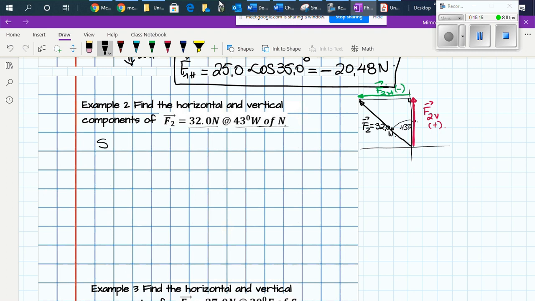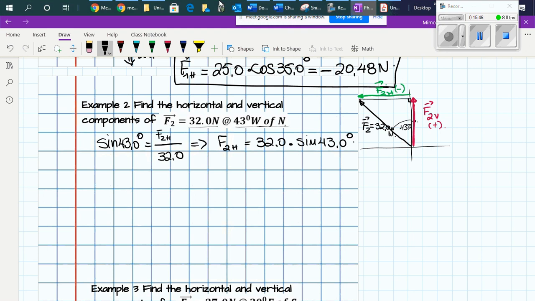So sine 43 is equal to F2 horizontal over 32. From here, we find that the horizontal component is equal to 32 newtons times sine 43 degrees.